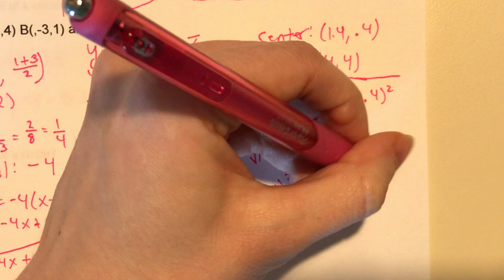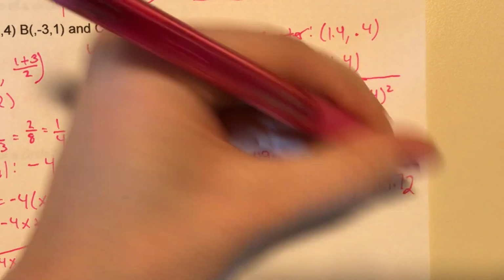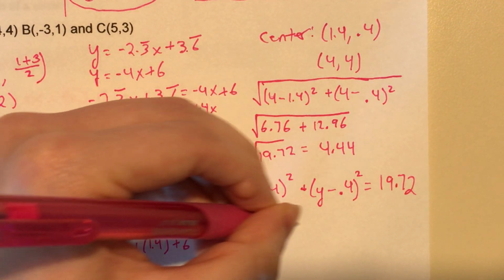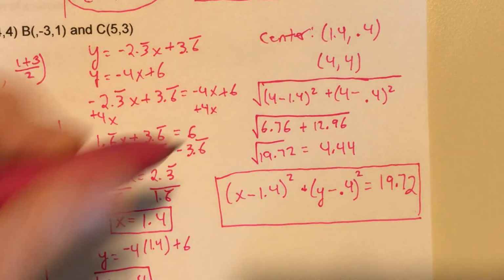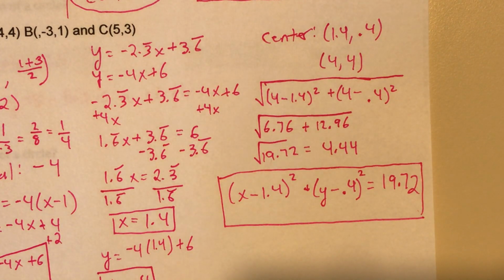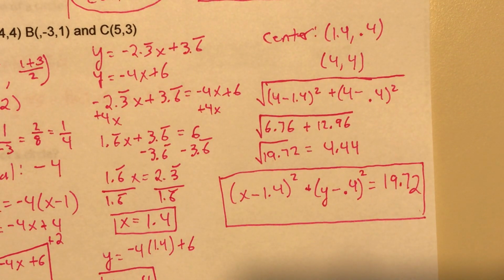It's going to be 19.72. And that, my friends, is the equation of the circle we are looking for here. So kind of a lot to process, but in terms of any new math, we're not doing anything new. We're just putting everything together.